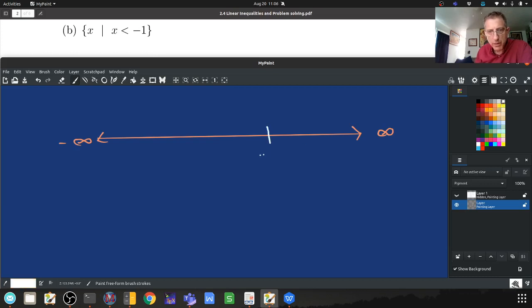It doesn't matter where you put your minus 1. So this is all real numbers that are less than minus 1 but don't include minus 1. So minus 1's not included. So I'm going down this way. So minus infinity, this is the interval notation. Minus 1 is not included in the set.